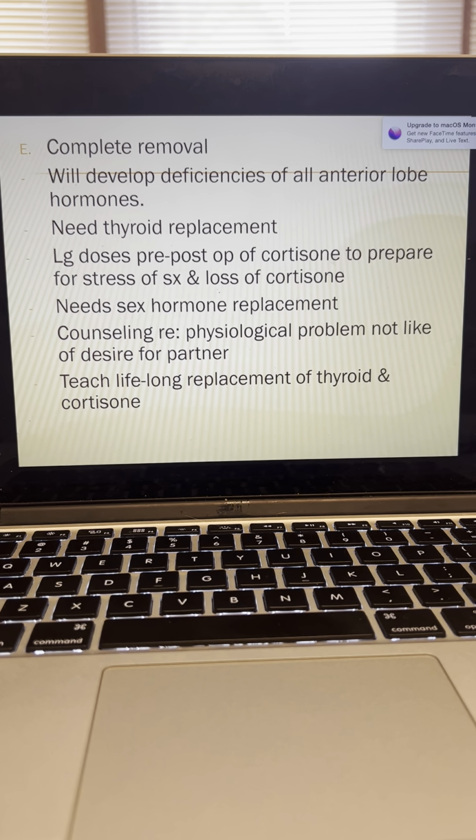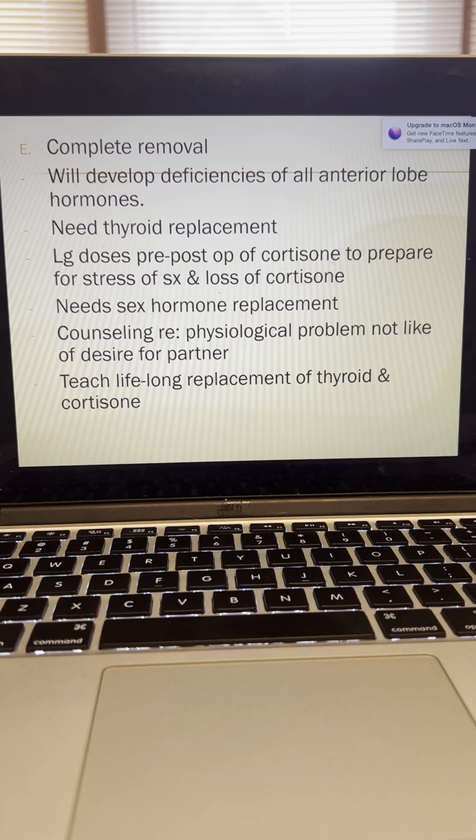If they've had complete removal, remember they're going to have deficiencies of the anterior lobe hormones, so they're going to need thyroid replacement, large doses pre and post of cortisone to prepare for the stress and the loss of the cortisone. Sex hormone replacement, counseling. Remember, they may go through a lot of highs and lows.